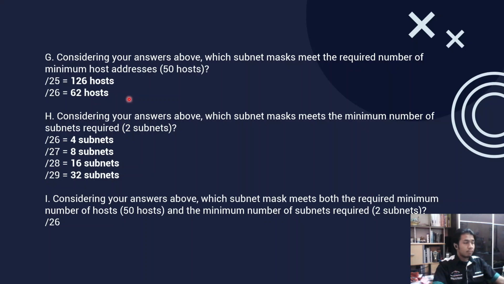As we can see from both questions, prefix 26 meets the requirement for the minimum number of hosts, which is 62, more than the required 50, and for the subnets, prefix 26 has 4 subnets, more than the 2 subnets required in the question.